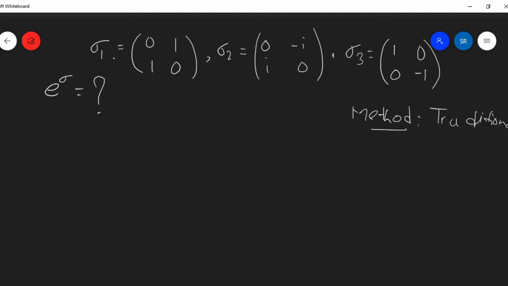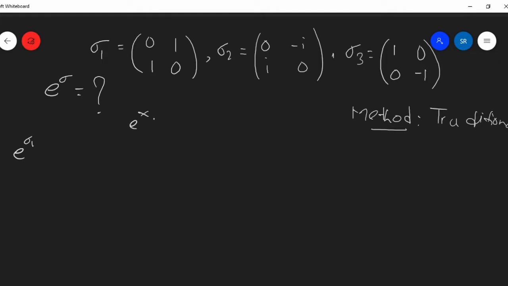So we have three of them over here. Let's figure out the first one. But first, what is the exponential? What's the Taylor expansion of an exponential, like e^x?